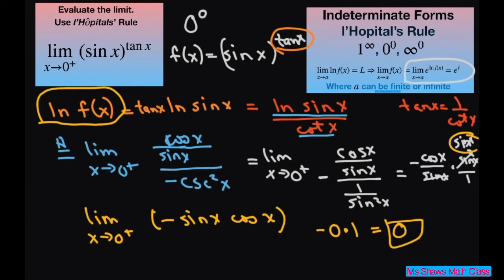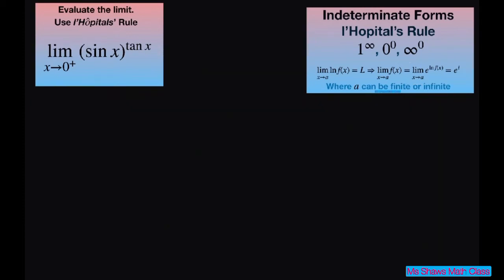But we need to find the limit of f of x, not ln of f of x. That's why we use this formula. So basically we have the limit as x approaches 0 from the right of sine of x to the power of tan of x.